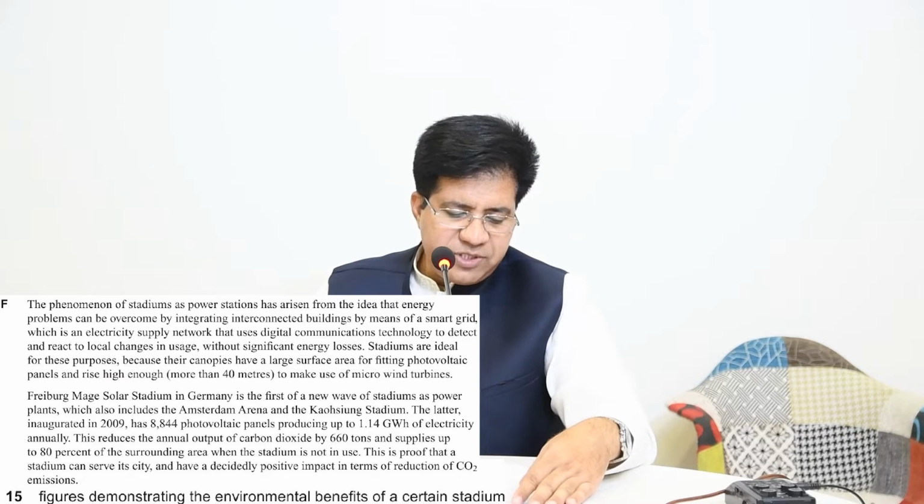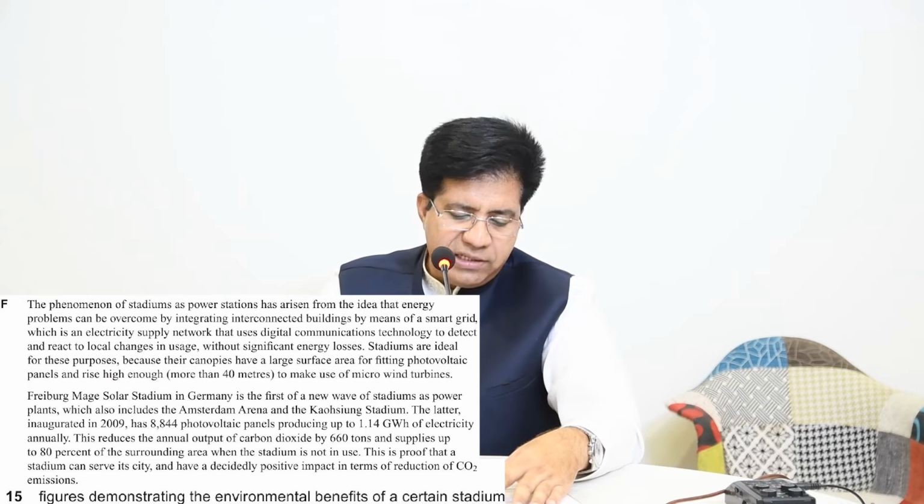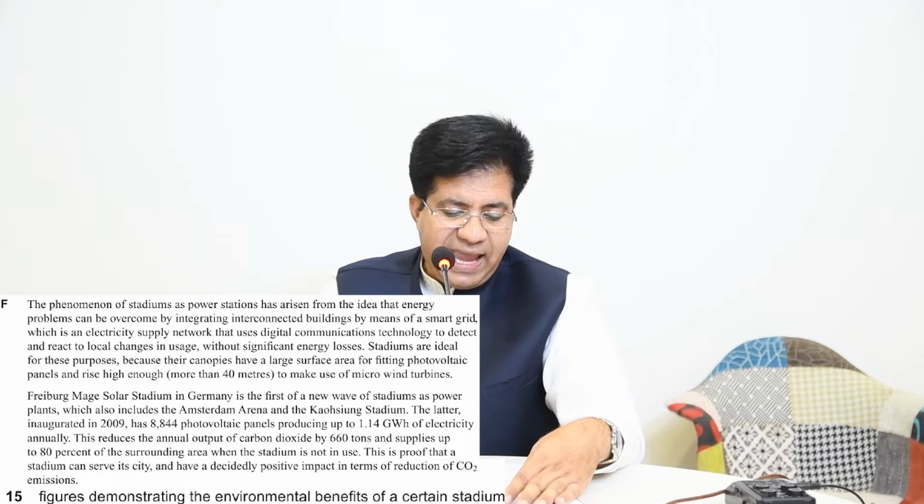I'm reading it from the third line. The latter, inaugurated in 2009, has 8,844 photovoltaic panels producing up to 1.14 gigawatts of electricity actually. And then they say this reduces the annual output of carbon dioxide by 660 tons.